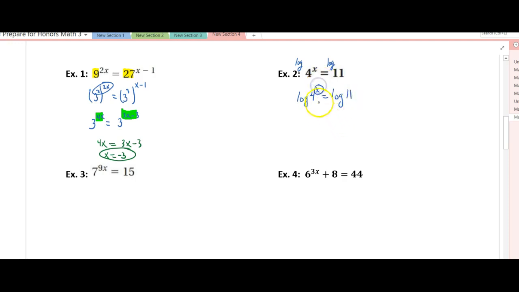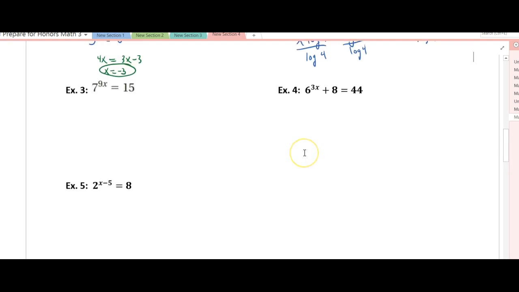Now I'm going to use that property where if this is an exponent, I can bring it down in front. Now what do I do to solve for x? All I do is divide by log of 4. So x equals log of 11 over log of 4, which gives me 1.73.